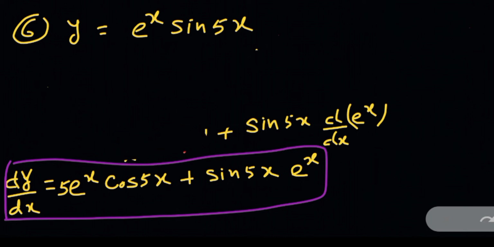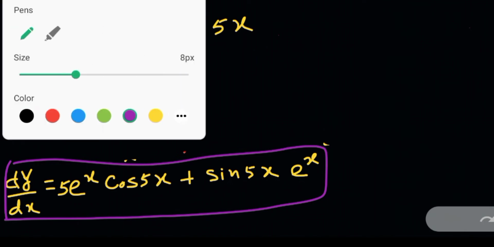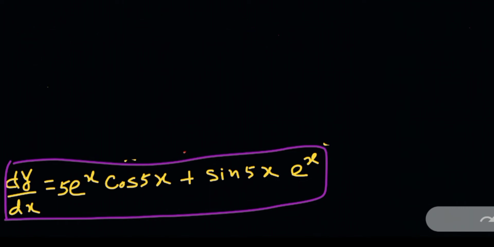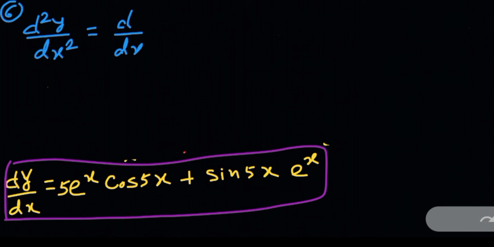I am erasing this space, and now I will find d2y upon dx square. d2y upon dx square means the derivative of dy upon dx with respect to x.